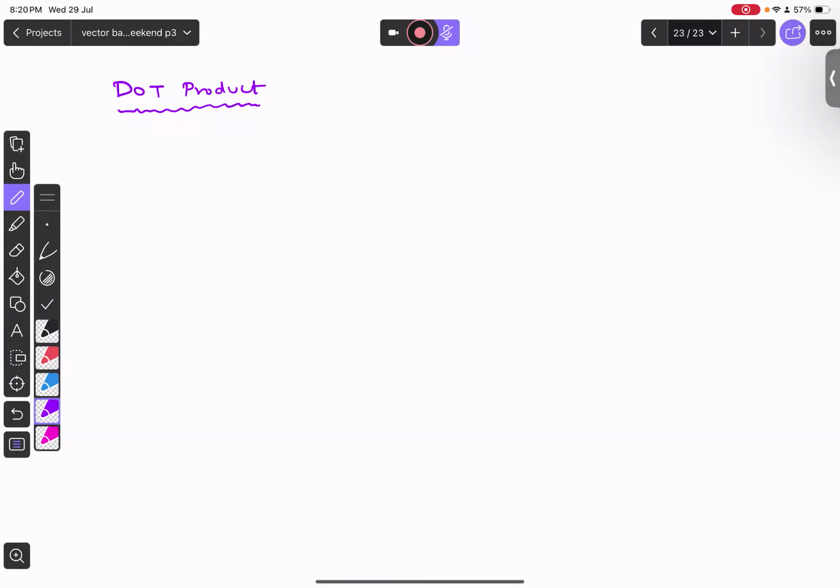You should think as if you're doing some algorithm. Don't overthink. What this is going to give us is a scalar output. So that's why its name is also scalar product.